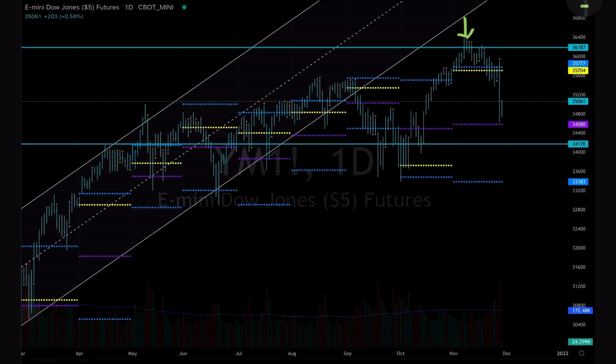For Dow Jones right now, the reaction is at the midpoint, and we have our predictive analysis level at 34,170. That's the first level we need to watch, and then the midpoint reaction we are watching for.